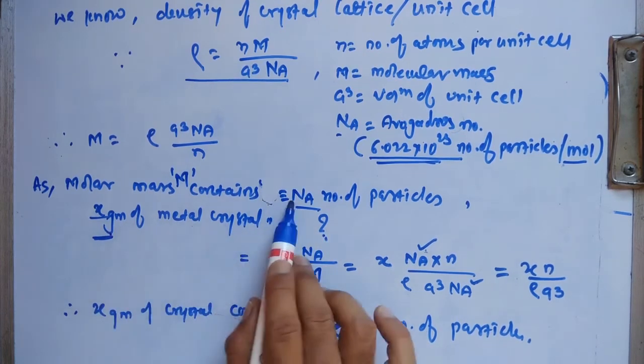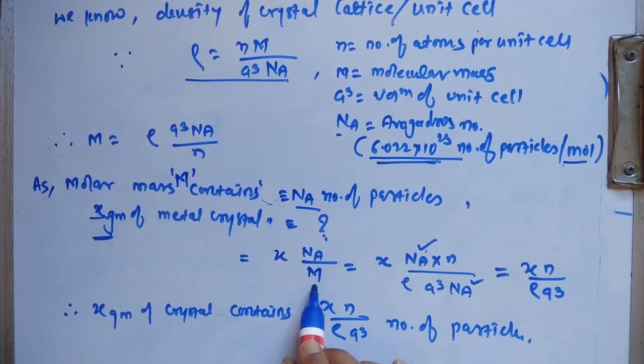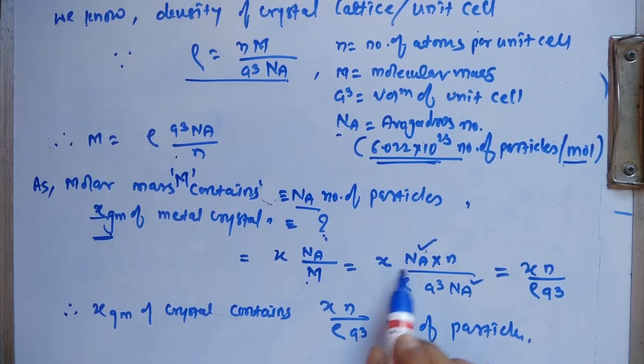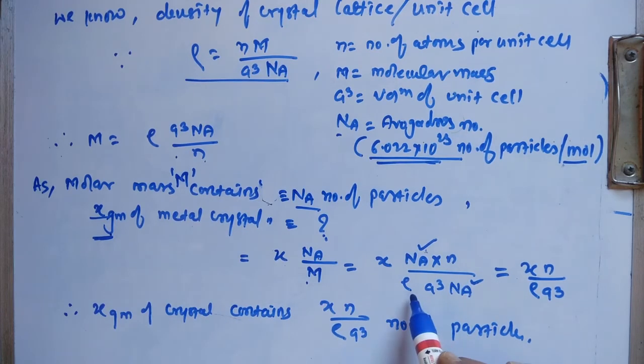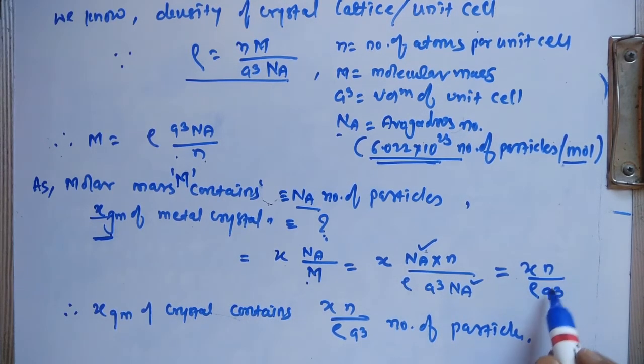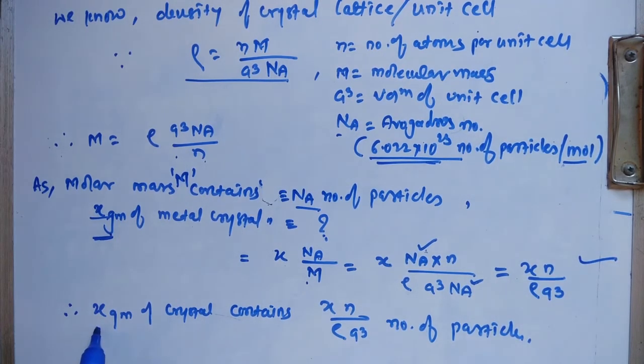X into Na upon M. We know M is equal to this, so after substituting we can write X into Na, and the denominator goes to the numerator, with rho into a cube into Na remaining in the denominator. This Na gets cancelled, and what is left is X into n upon rho into a cube. So the given crystal of X gram contains X into n upon rho into a cube number of particles.